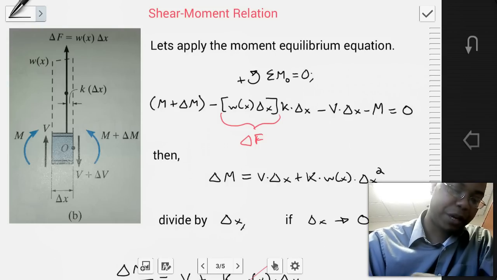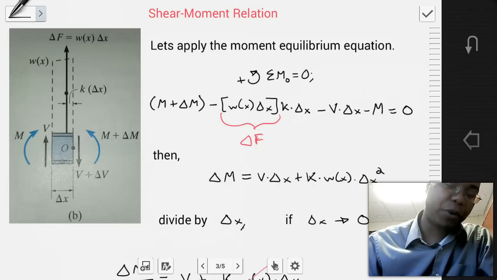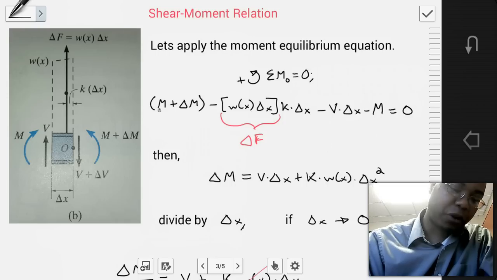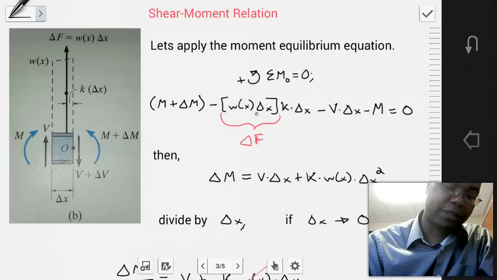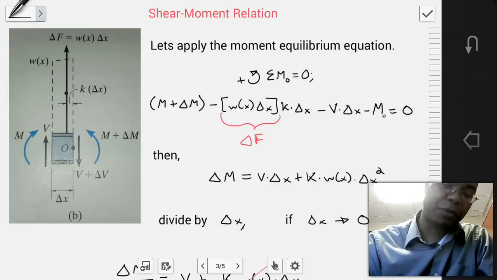When we apply this equilibrium equation, we're able to put in our internal forces as well as our known forces due to the distributed load, and we develop the following equation: the internal moment M plus the change in moment, minus, in brackets, the distributed load times the length of the section of the beam times K, which is a factor of the position of the distributed load, times delta x, minus the internal shear force times delta x, minus the moment is equal to 0.